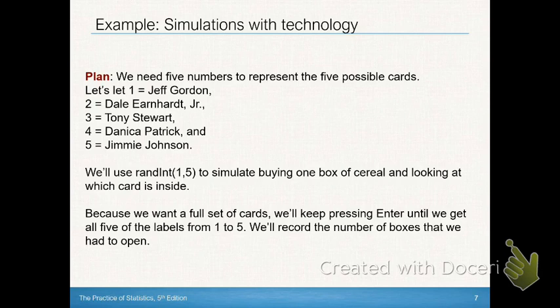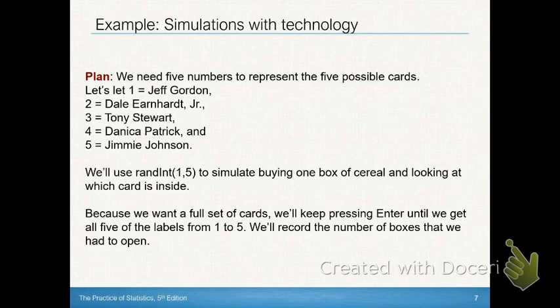Now, since they are each equally likely, that means there's a 1 in 5 chance for each of the cards. So we're just going to pick numbers from 1 to 5 with our calculator, and we're going to assign each number a card. So if we get a 1 from our random integer on the calculator, that corresponds with getting the Jeff Gordon card. If we get a 2, that's Dale Earnhardt Jr., 3, Tony Stewart, 4, Danica Patrick, and 5, Jimmie Johnson.